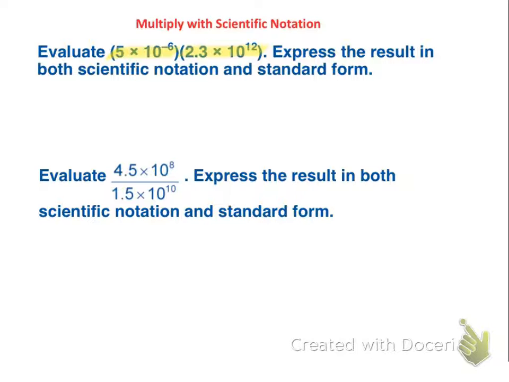And so I want to multiply that as easily as possible. I could convert each of these into standard notation and then do the multiplication, but that's really going to take a lot of time. Instead, what I want you to notice is this is all multiplication, so I can put it in any order I want.